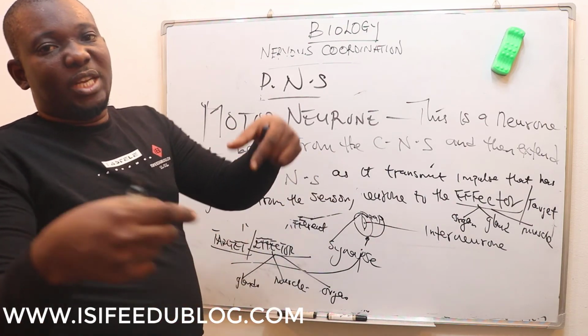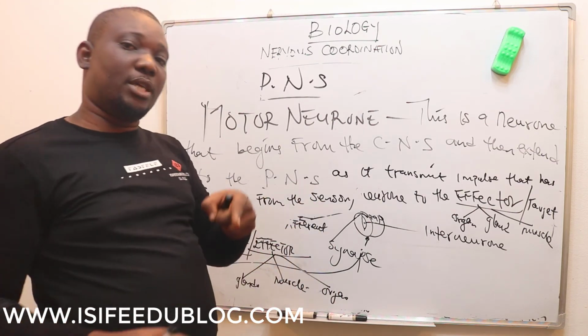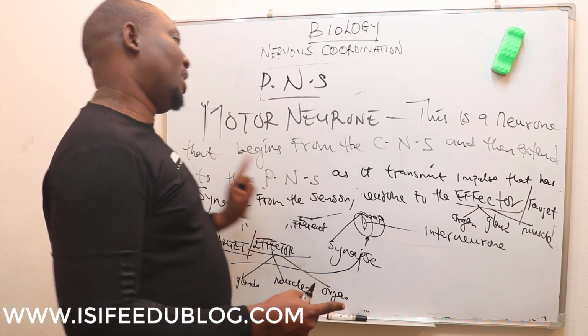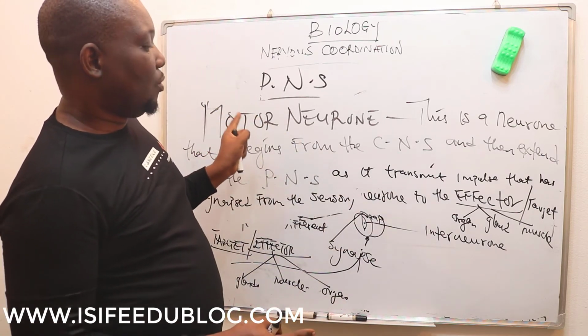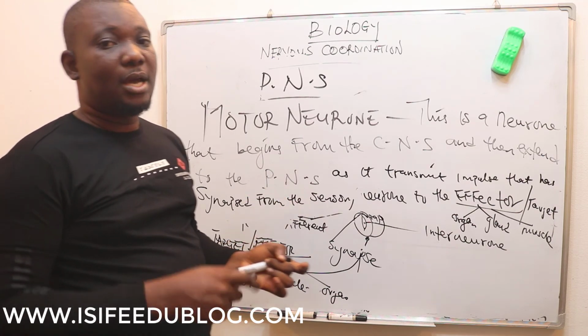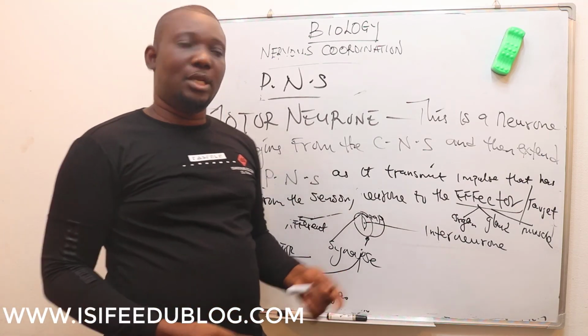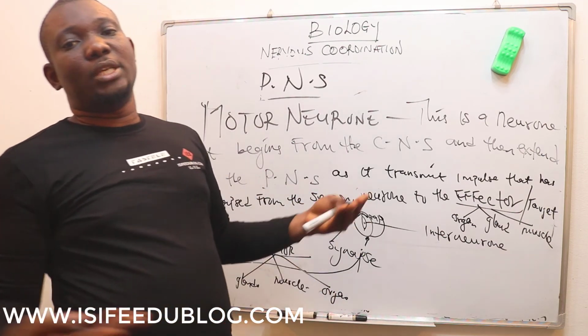The one moving impulses from the CNS to the effector is efferent, which you can still call the motor neuron. The one moving impulses from the receptor to the CNS is called the afferent what? Neuron.